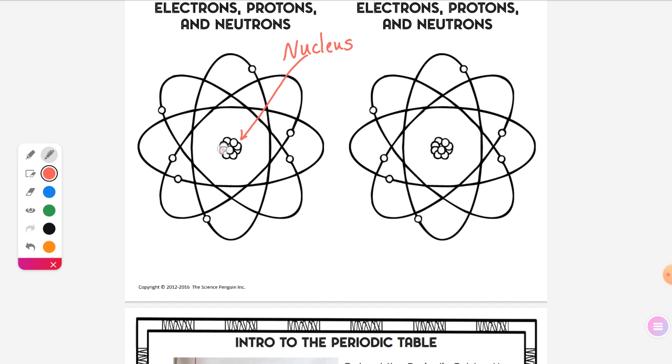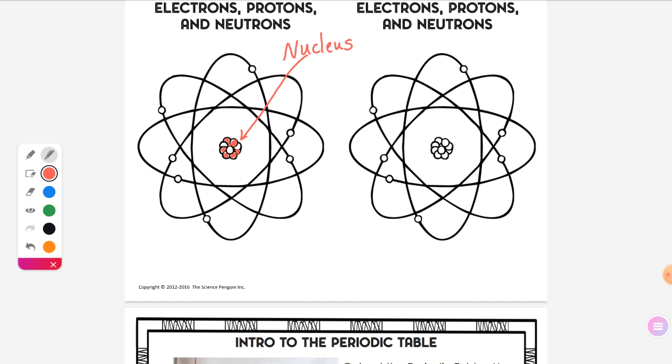Let's color in 6 red. 1, 2, 3, 4, 5, 6. Color in 1 more, 7. I think there's some hidden back there. Color in all but 3. And again, this is just to give us a visualization.